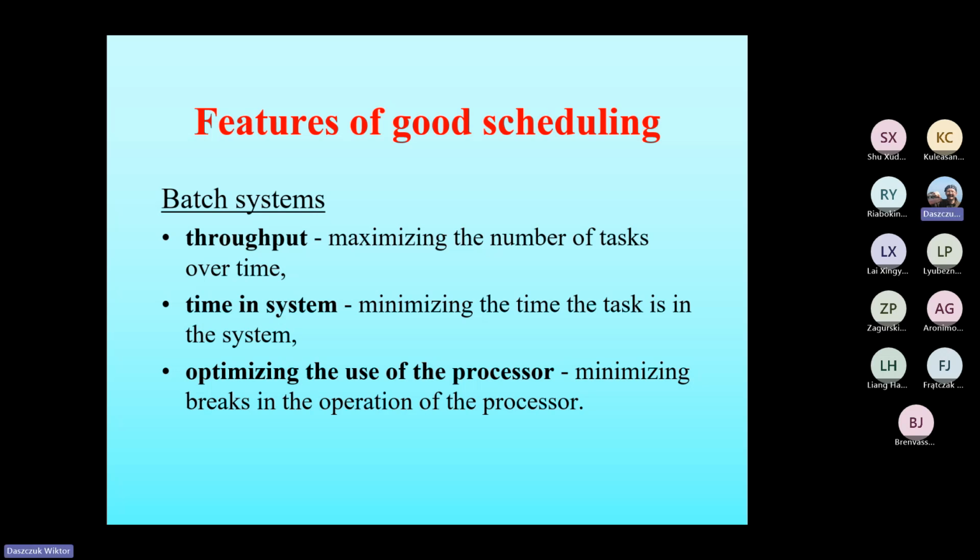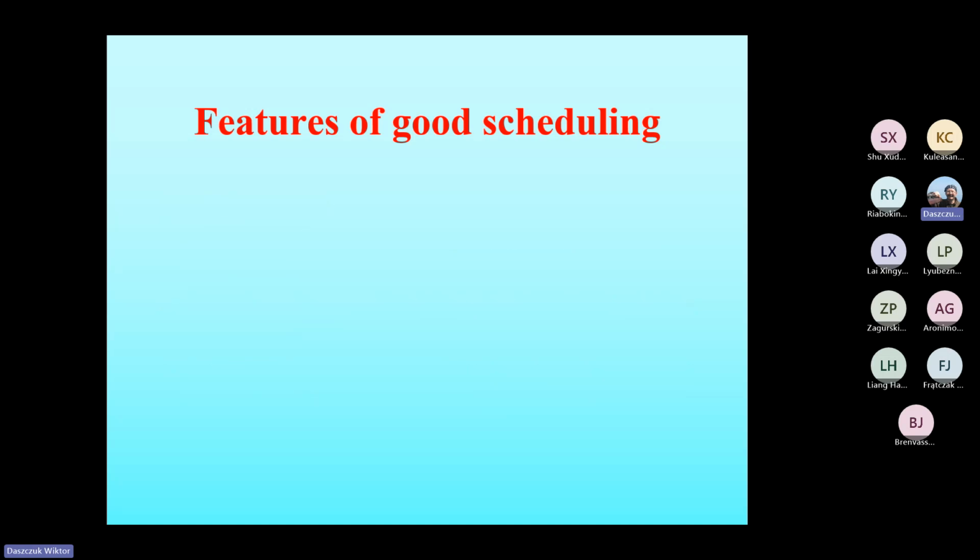After the invention of the interrupt, the processors are utilized much better, but maybe not fully utilized. So the utilization of the processor is a very important parameter in a batch system.